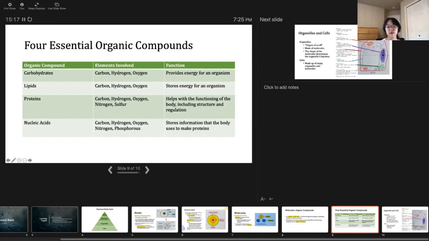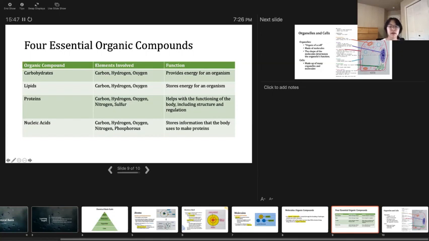Nucleic acids store information that the body uses to make proteins. If you were here last week, you might have heard me talking about the nucleus of a cell and how that includes nucleic acids. That's the relationship: nucleic acids are basically like a building manual for an organism.